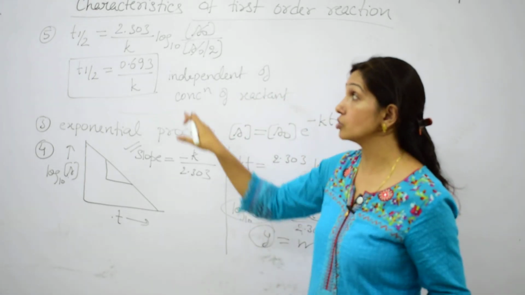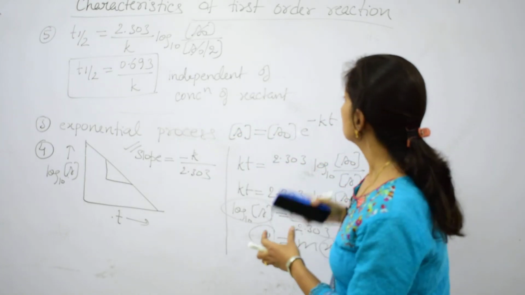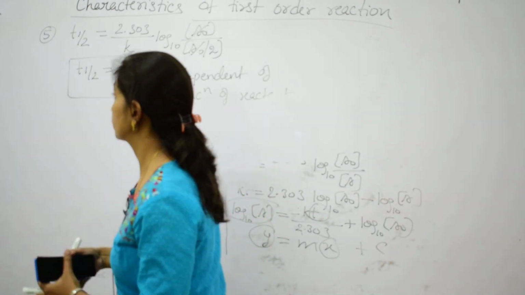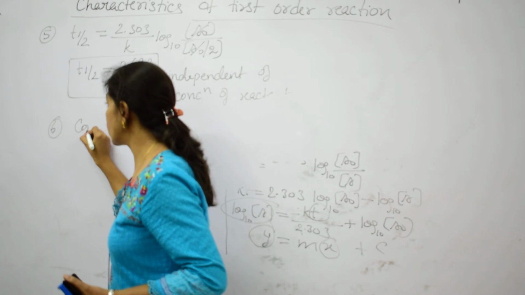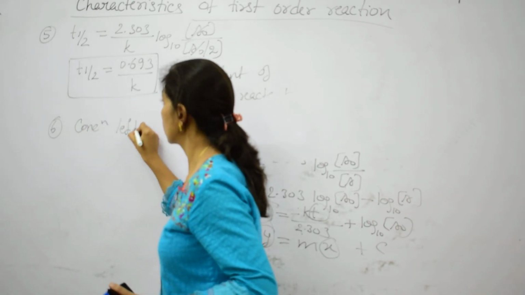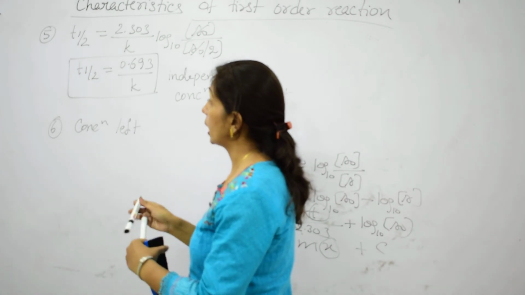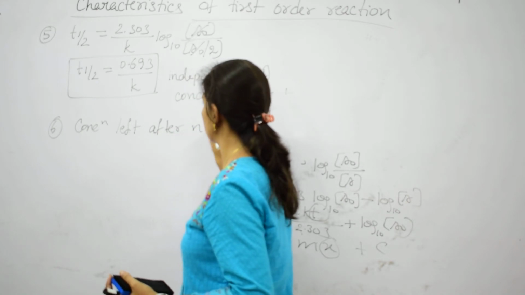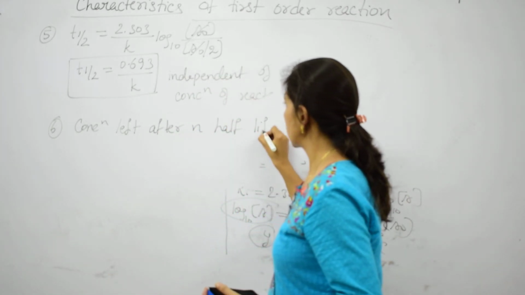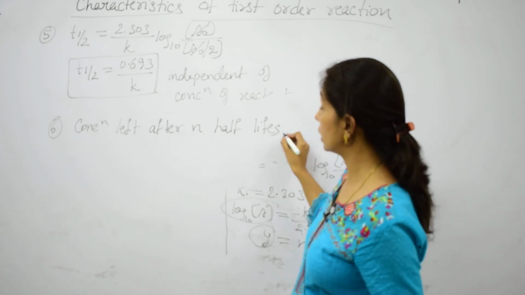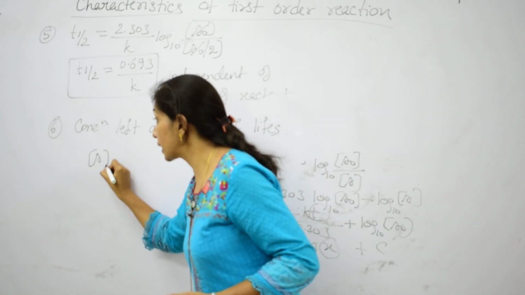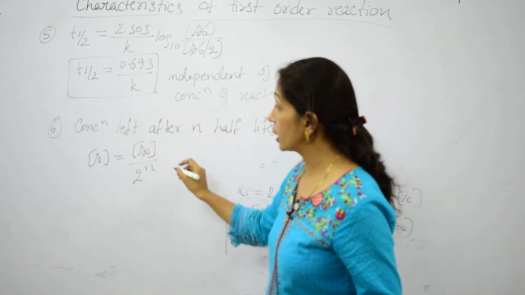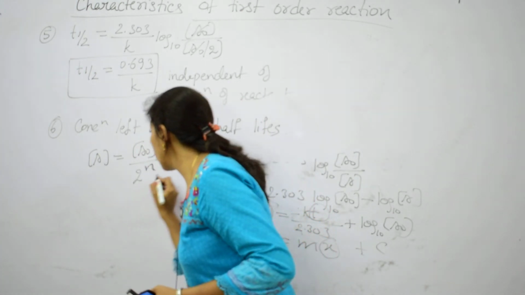It does not depend upon the concentration of reactant, and the concentration left after n half-lives can be given as A is equal to A naught upon 2 to the power n, where n gives the number of half-lives.